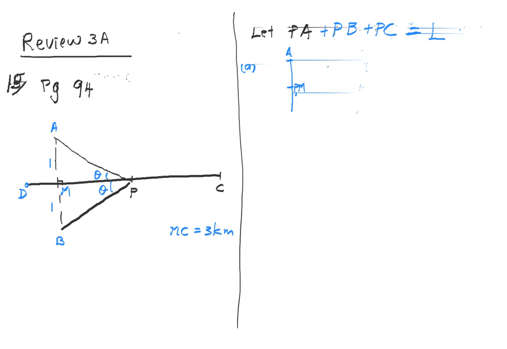P is also M, okay? And this is B. So your C will be here. So this will be 1, 1, and here is 3. What length would be required if the power unit P is placed at M? You get me? So you need 5 kilometers. Am I right?